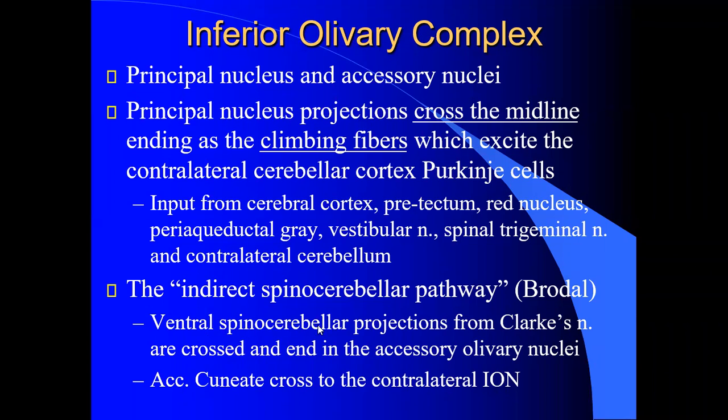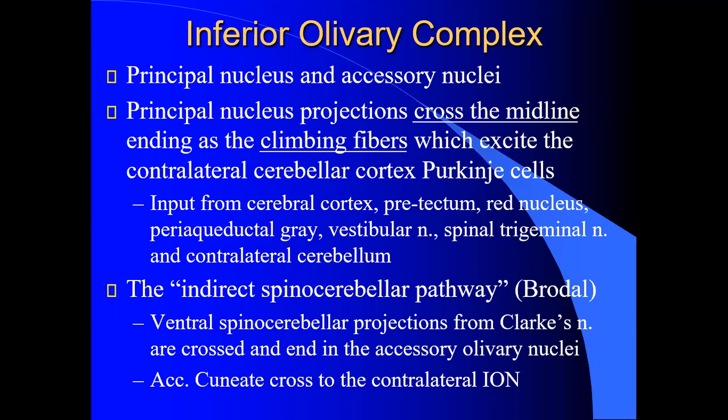The ventral spinocerebellar projections from Clarke's nucleus cross within a segment of where they come in, and then they ascend to the accessory olivary nuclei, who then send their information to the contralateral cerebellum.